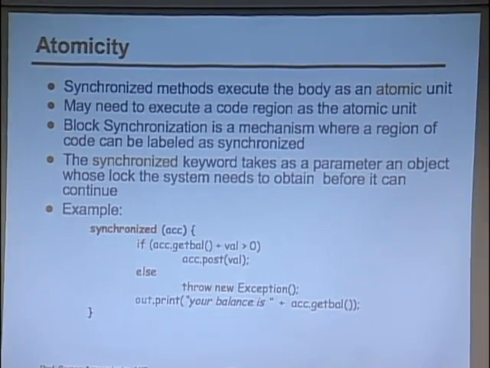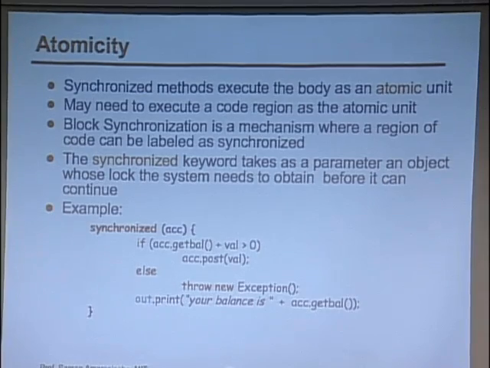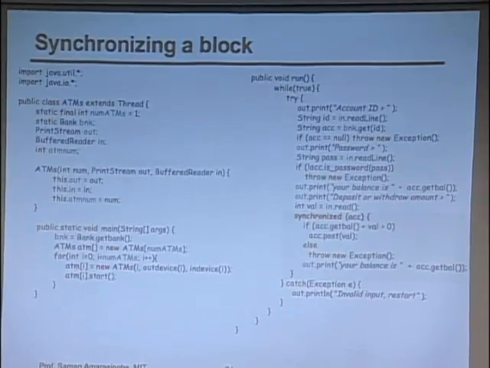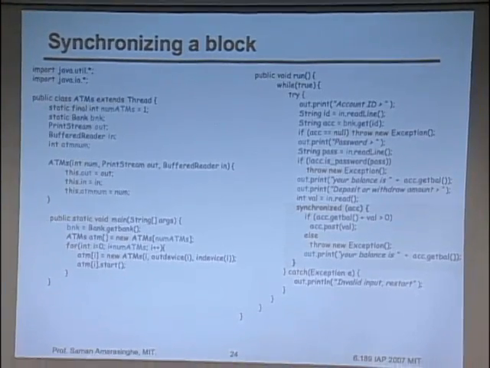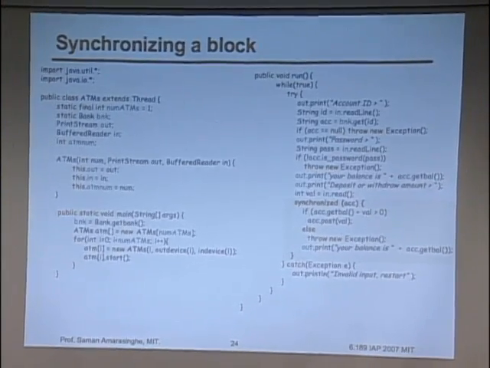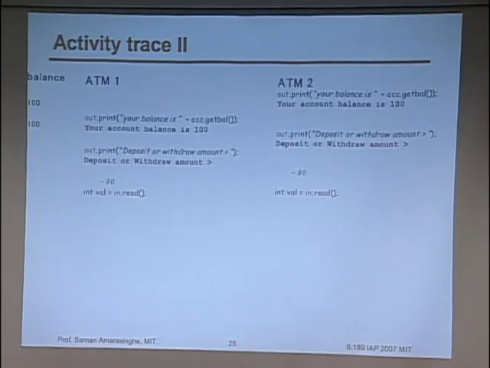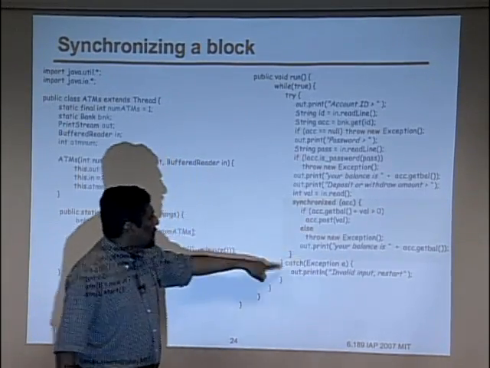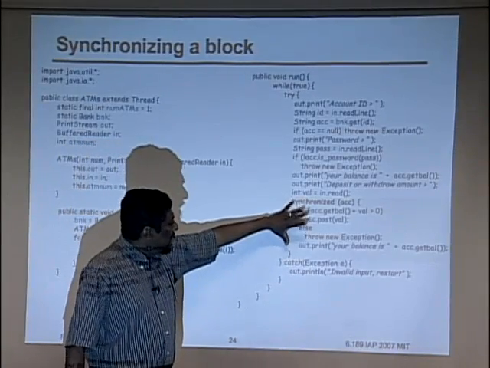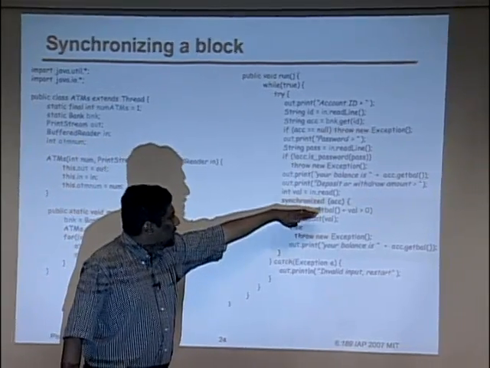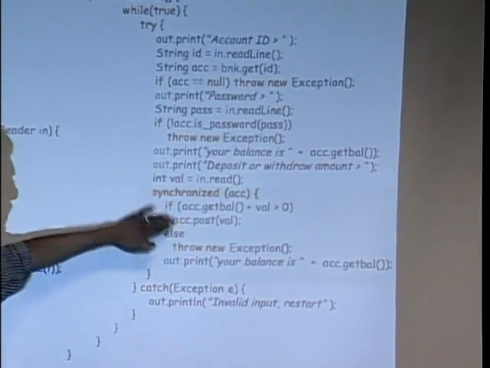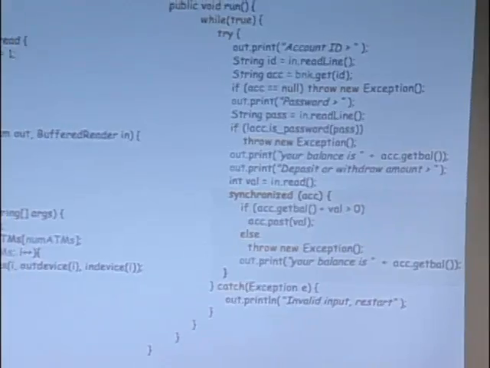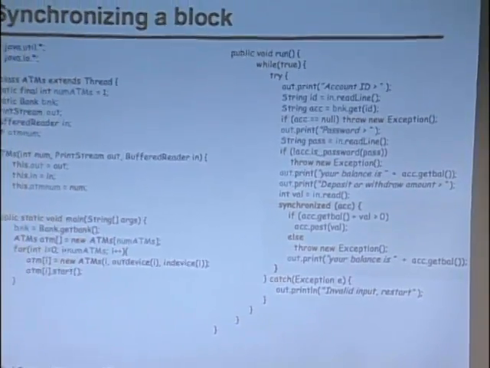Now we have built a bigger atomic unit. Here's the program, and here's the synchronized unit. Instead of this synchronized and this synchronized separately, this whole computation has to be an atomic unit. When I check and update the balance, nothing else can happen.